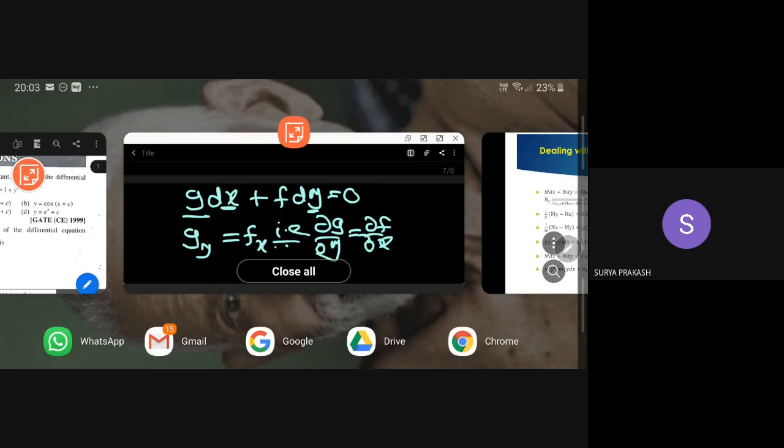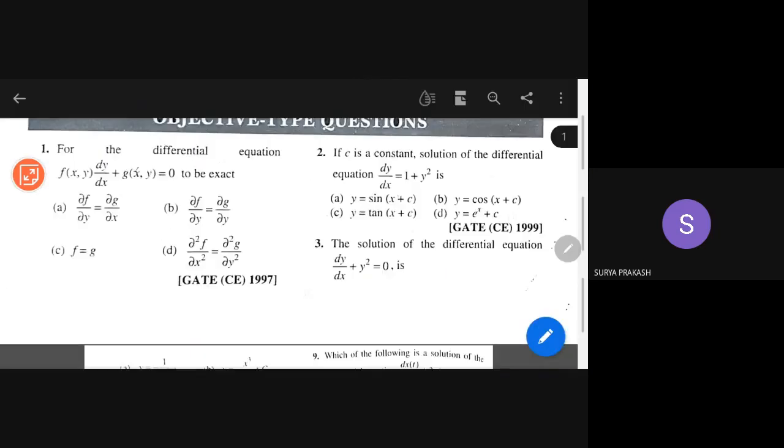Now we go to the second question. If c is constant, the solution of the differential equation dy dx is equal to 1 plus y square is, then how will you do this one? Don't try to solve it. There are two ways you can solve that one.